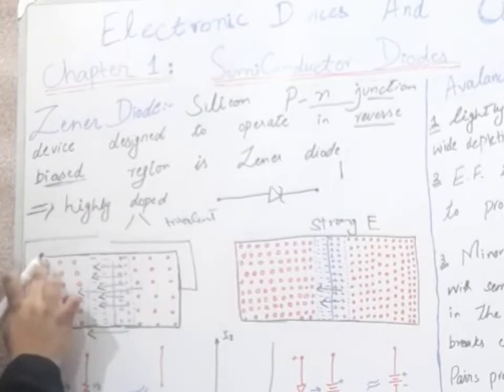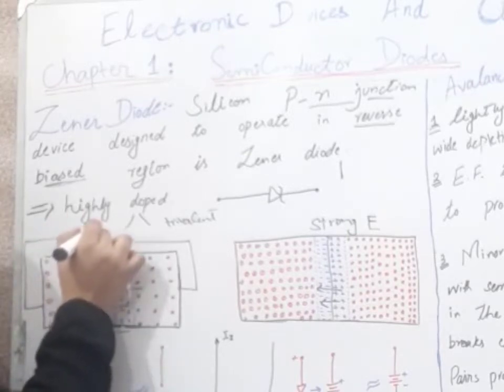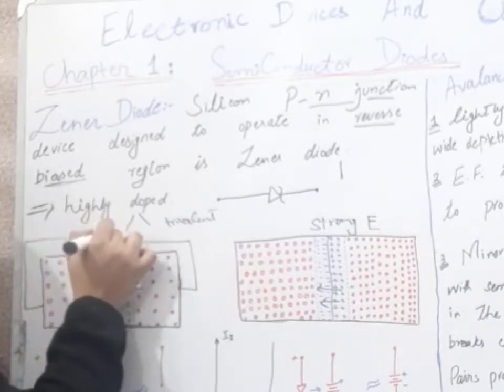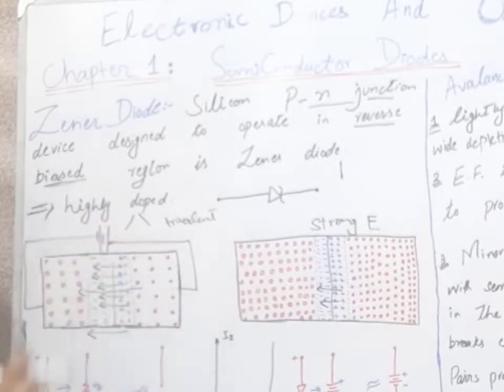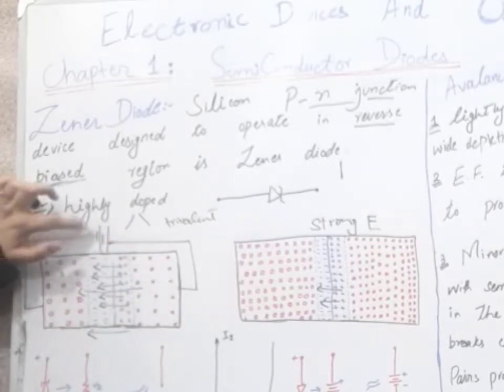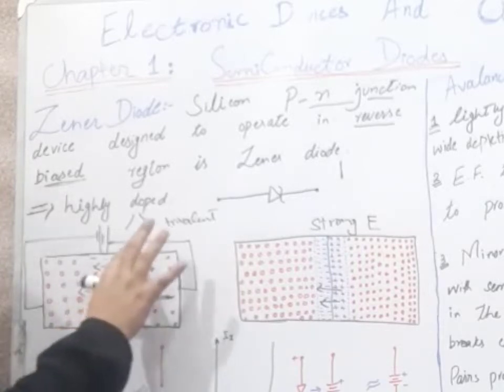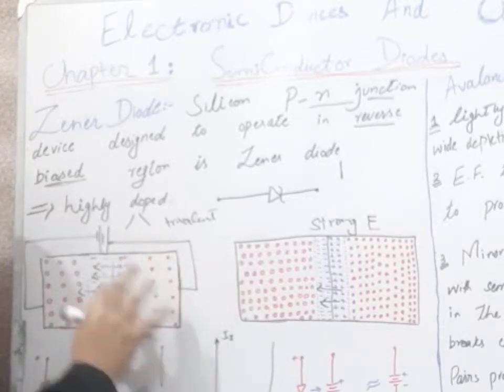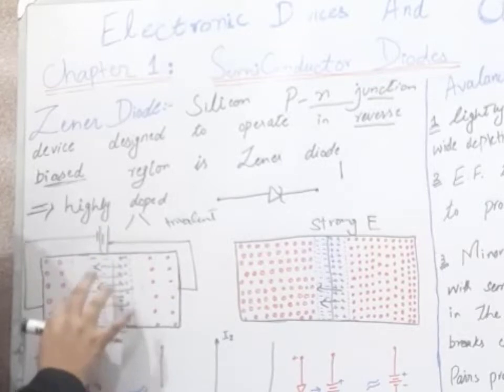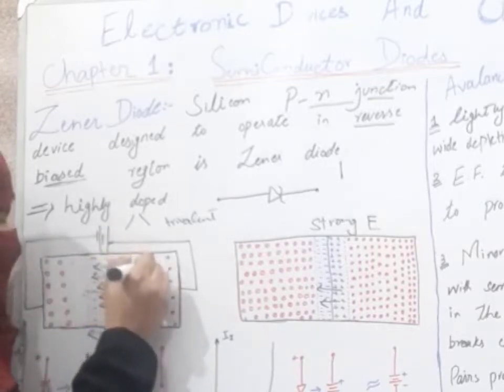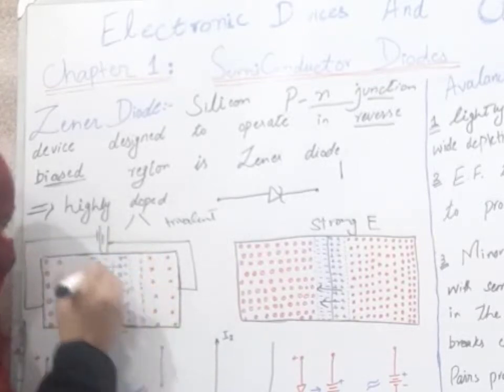The p type is connected to the negative terminal of the battery and the n type is connected to the positive terminal of the battery. When reverse biasing voltage is applied, our depletion layer width will increase and we will have a width like this.